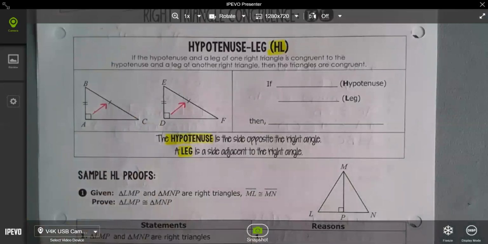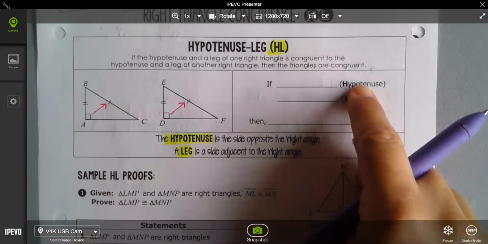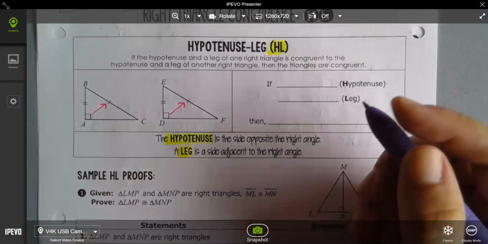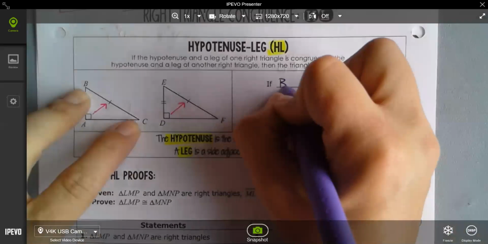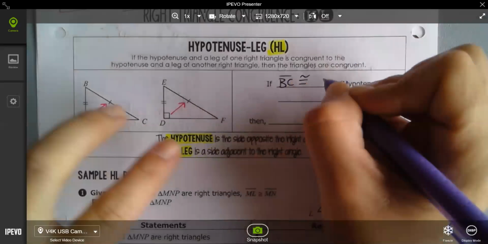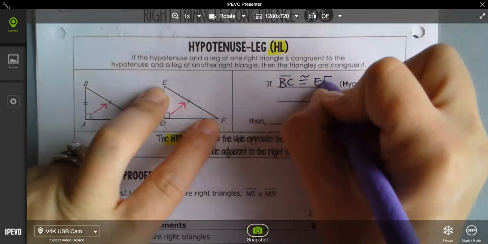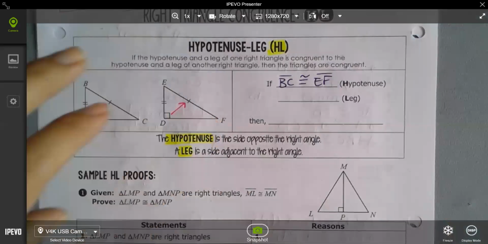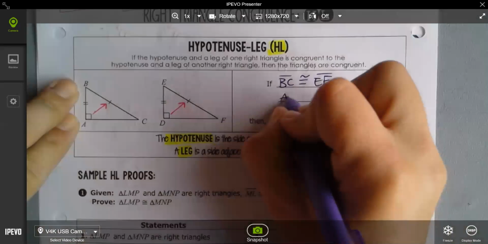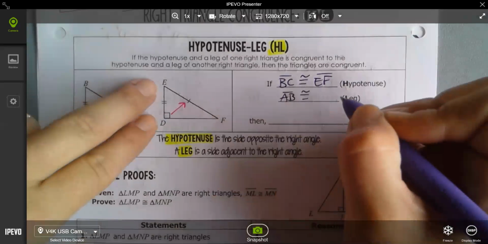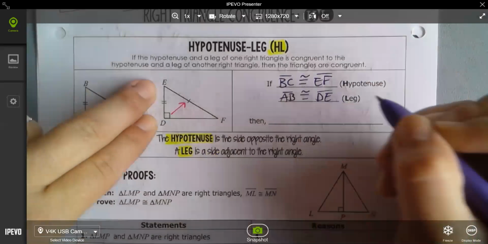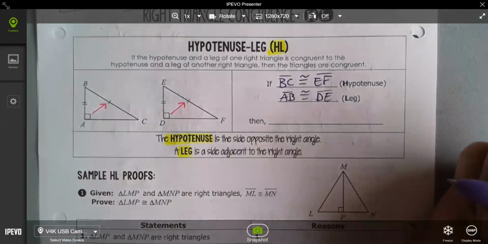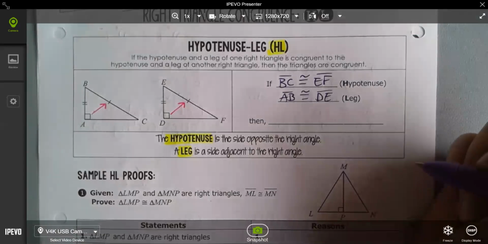So if you have a right triangle, because that's the only one that has a hypotenuse, and the hypotenuse BC is congruent to the other hypotenuse EF, and you have a set of legs, AB, congruent to the other leg, DE, that means you only need those two things to prove that right triangles are congruent.